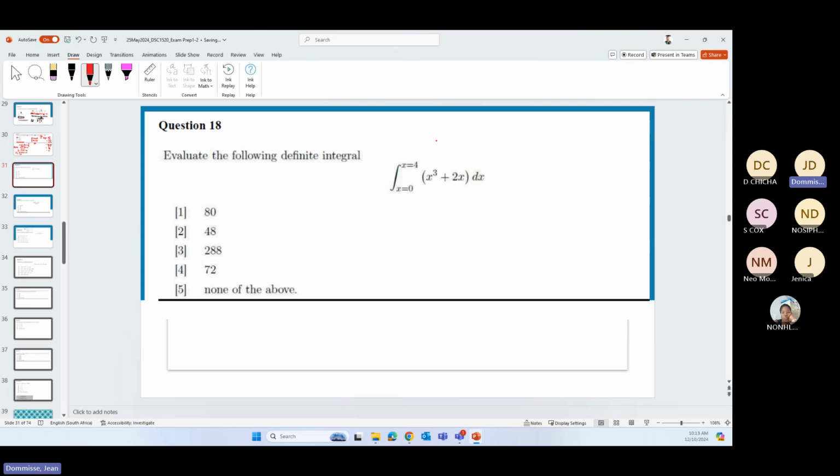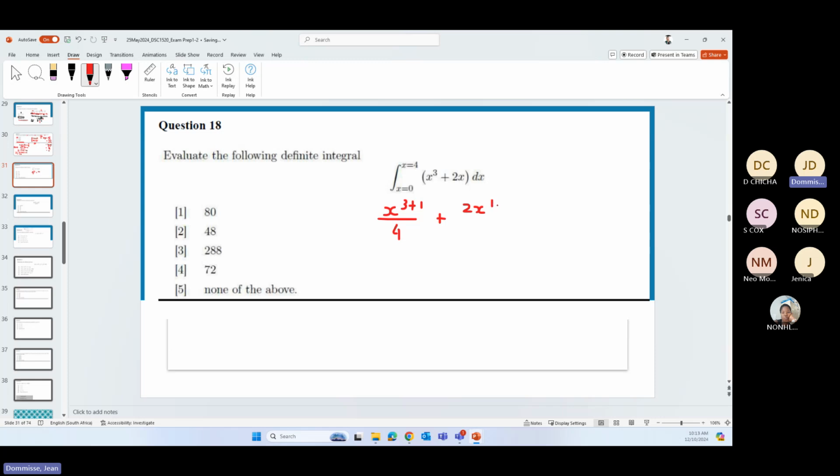Okay, so let's do this. So the first thing we need to do is integrate the formula. So remember, we add, so 3 plus 1 is 4. So we need to divide by 4. Then the second component, 2x.